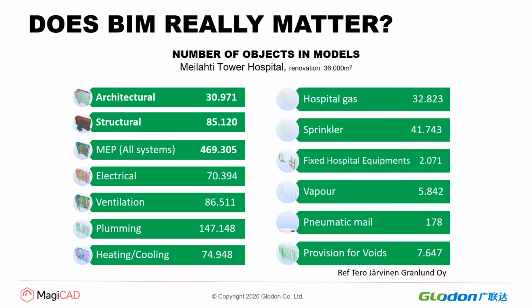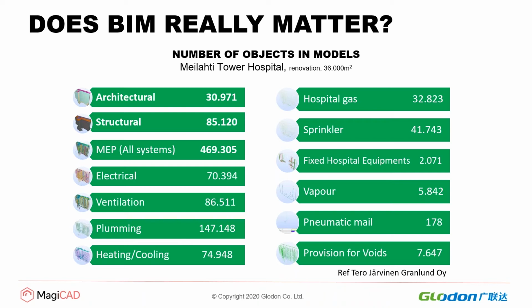So here we took the number of elements involved in the models. We took each and every piece count, and altogether architecture and structure is 110K. But when we look at the MEP disciplines, all the disciplines of MEP are almost 500,000, slightly lesser, right?